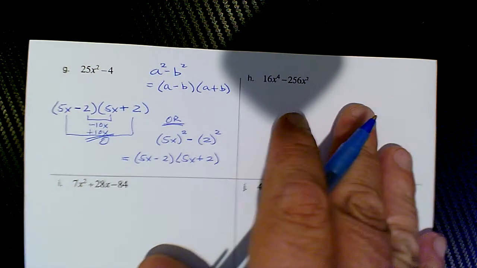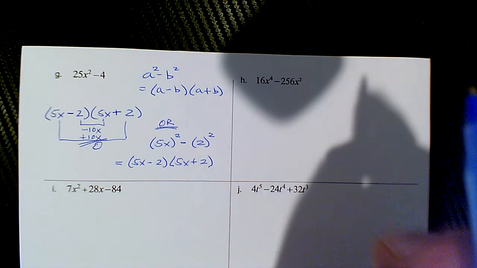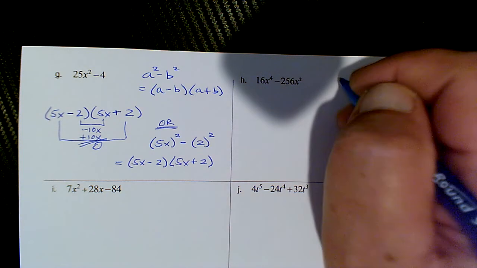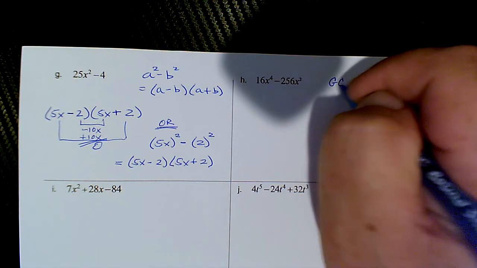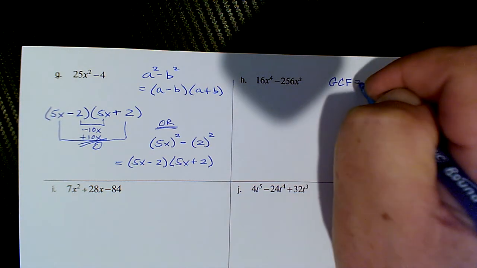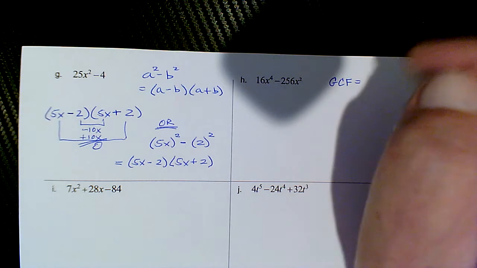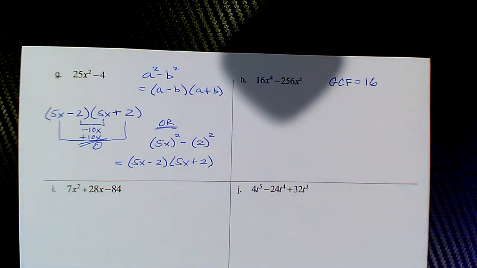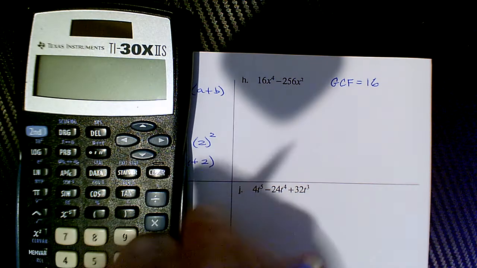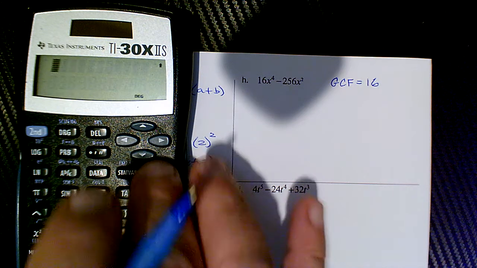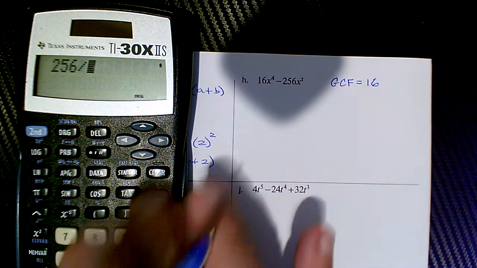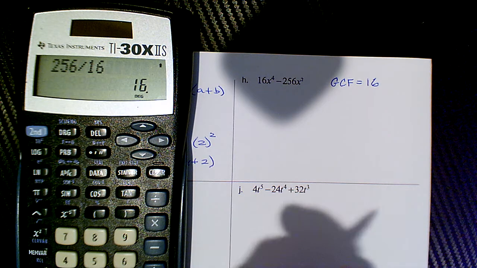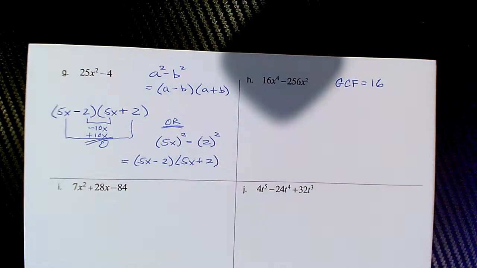Now here we have another case where there's just two terms, and you see a difference, and they're actually both perfect squares, but the first thing we need to look for is the greatest common factor. Between 16 and 256, 16 is actually common. You might need a calculator to divide 256 by 16 to see what that is. And it's 16.